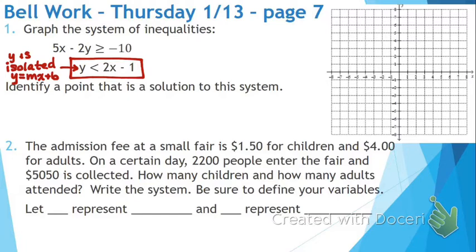When I'm looking at something where the y is isolated, slope-intercept form, where's the first dot I want to put down? The y-intercept. Where's the y-intercept on this one right here? It's -1. So here's my y-intercept. We're going to put it on the y-axis at (0, -1).